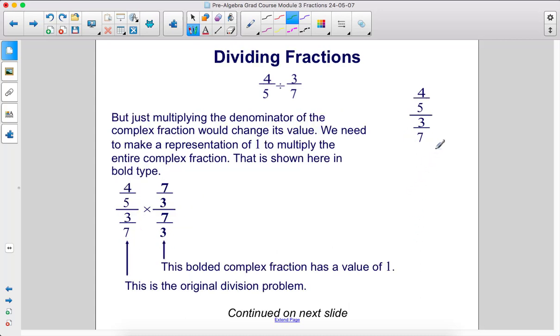However, if we only multiplied the denominator of the complex fraction by its reciprocal, that would change the value of the overall fraction, the complex fraction. We need to make a representation of 1 to multiply by the entire complex fraction. So we're going to flip the denominator, but we need to create a new complex fraction that equals 1.